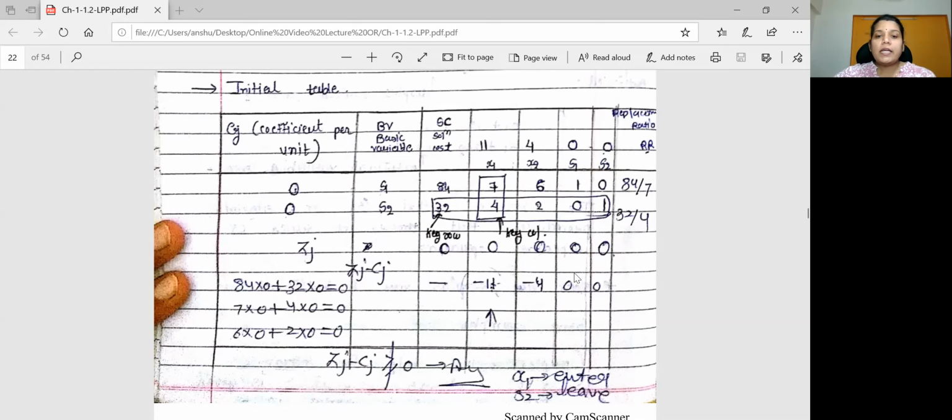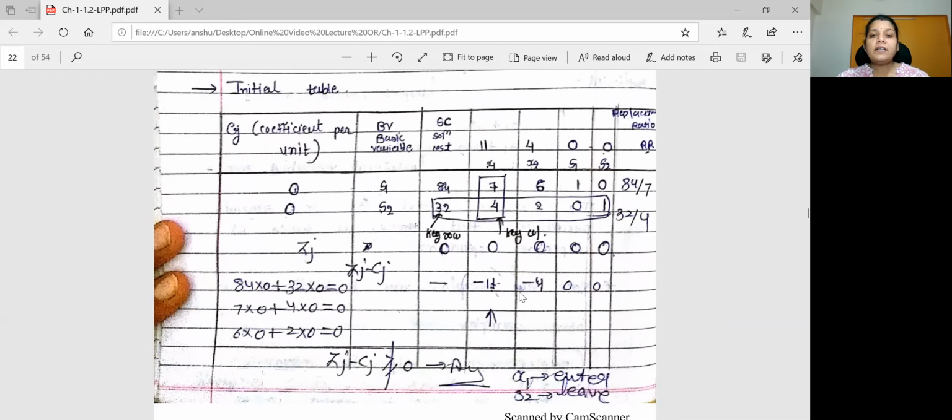Okay. In our initial table, if our values of zz minus cj are greater than or equal to 0, then our initial table is our final table, and our answer zz is the value we get there.